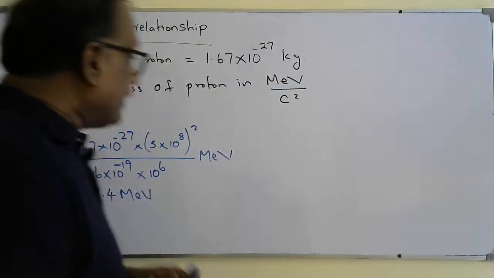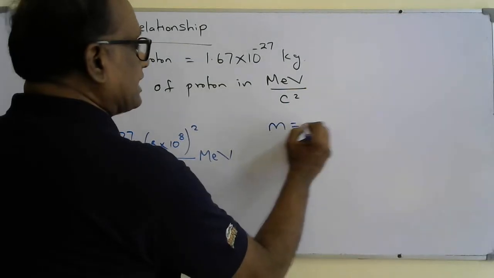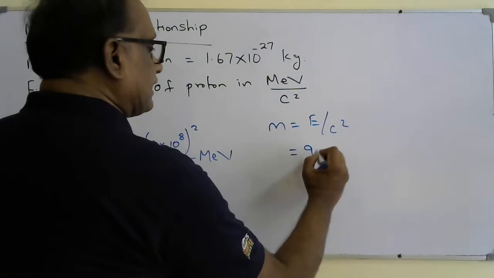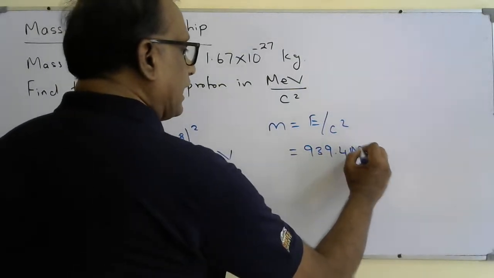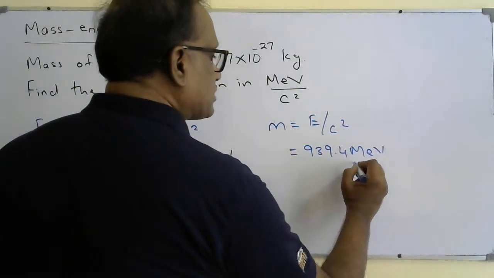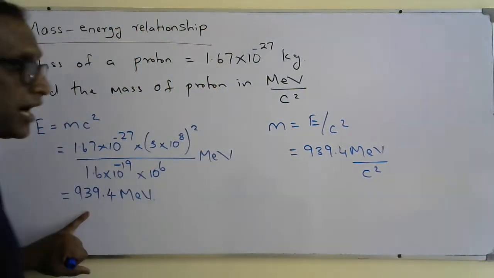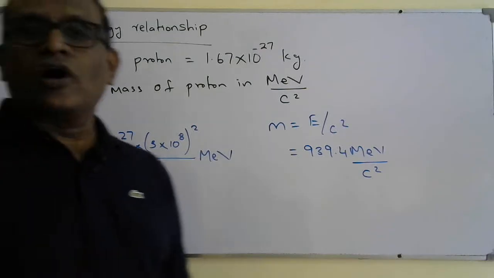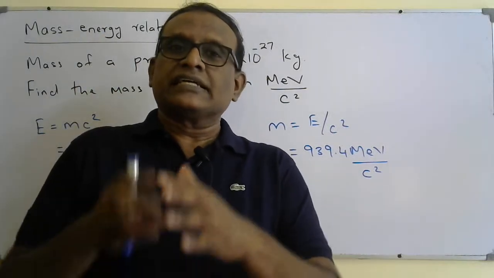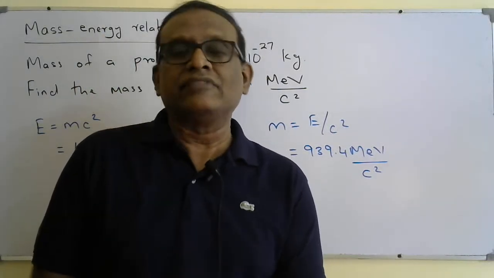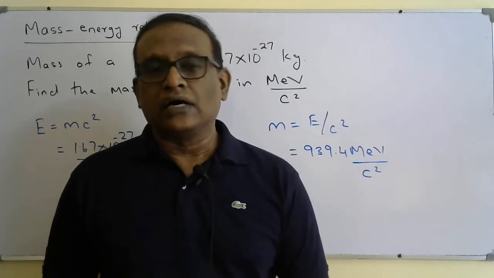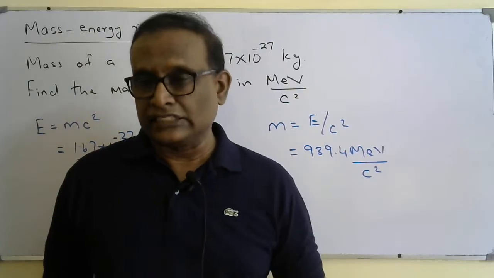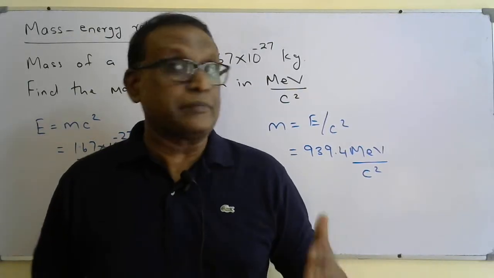I know that M is equal to E over C squared, so the mass is 939.4 mega electron volt over C squared. That is the mass of a proton in this unit. This is a very common question. Normally they give the mass in kilograms, then you convert it to the equivalent energy in mega electron volt, giga electron volt or tera electron volt, depending on what they ask.